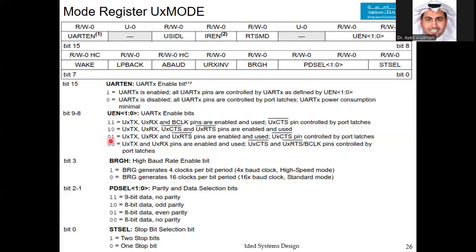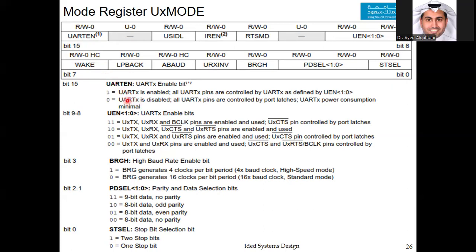If you use any other choice, 10 or 01 or 11, then on top of the transmitter and the receiver, you can use the other flow control bits, as you can read. Now for the last one, bit 15, which is the UART enable bit: either you enable it or disable it.